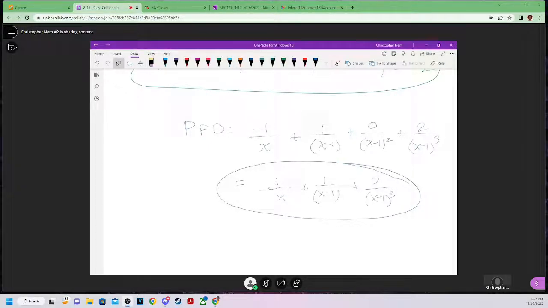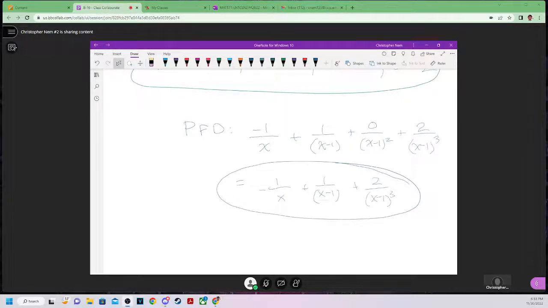Now, notice that earlier I stated that we cover all the possibilities if I list all of the powers. But we don't have an x squared or an x minus 1 squared. That means when I did my decomposition, that wasn't a possibility. However, if it's not a possibility, all that happens is we're going to have a numerator of 0.